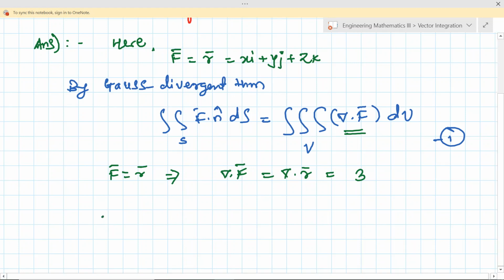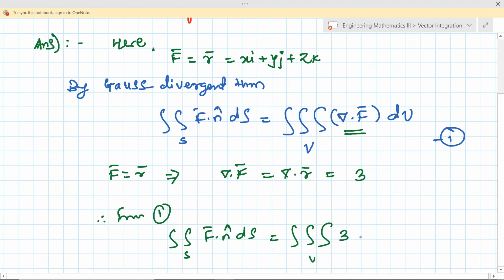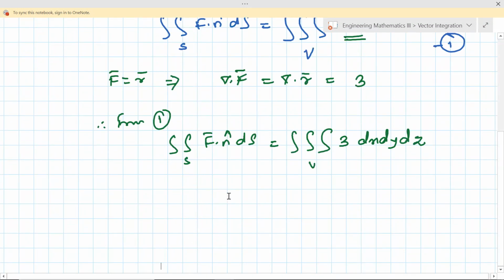And therefore from 1, the surface integral of f bar dot n cap ds over this S is the same as the triple integration over V of 3 dV, where dV is nothing but dx dy dz, or you can keep this as dV also, no problem. Okay, and this is equal to what? You can take this 3 outside.